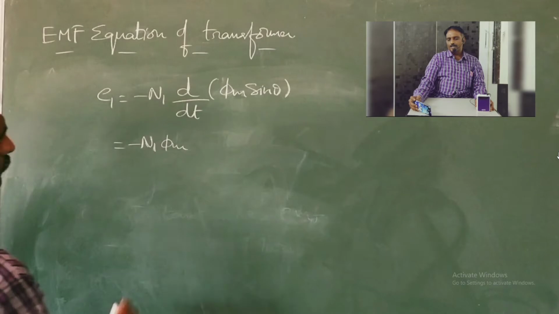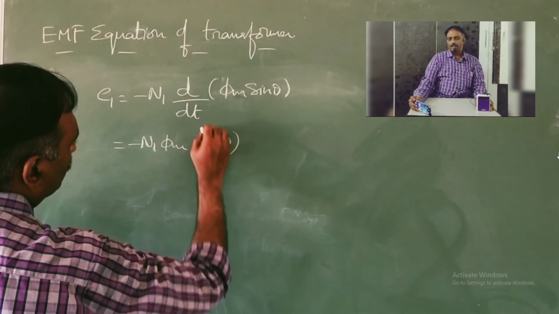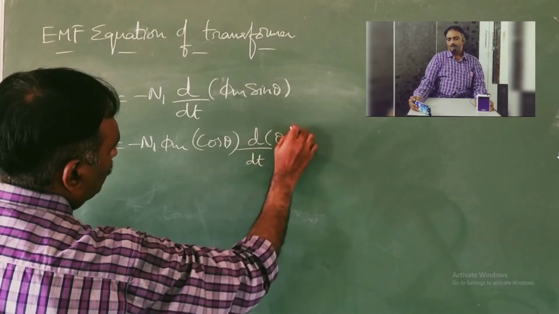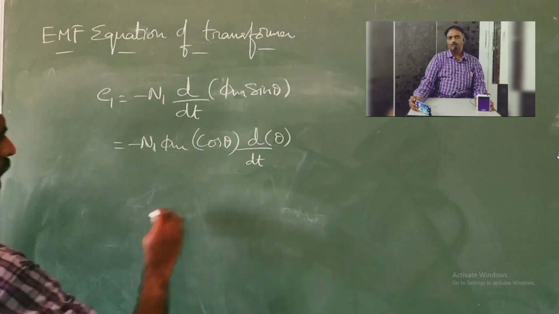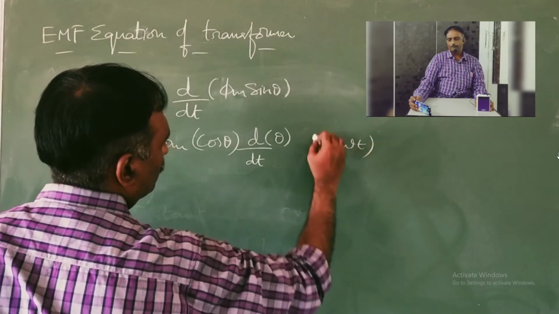So if you differentiate sin theta with respect to t, we get cos theta, and again d by dt of theta, because here we are differentiating with respect to time, but we know theta is equal to omega into t.